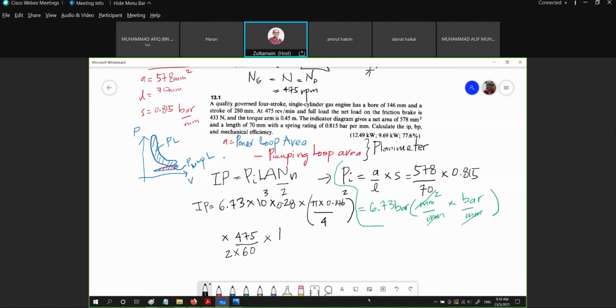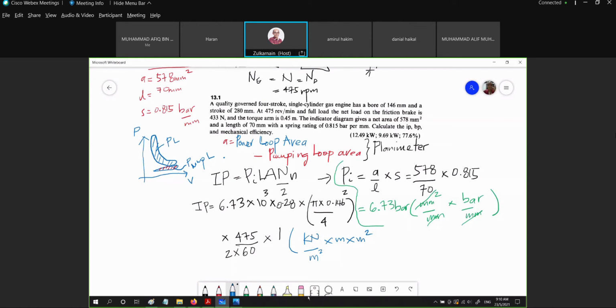Okay. So agak IP apa unit dia? So check the unit. Yang ini kita dah convert kepada kilo Newton over meter squared which is equivalent to kPa. 0.28 ni kita dah tukar kepada meter. Area kita dah tukar kepada meter squared.